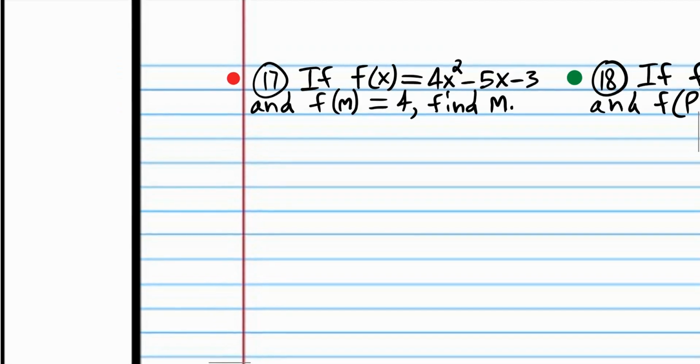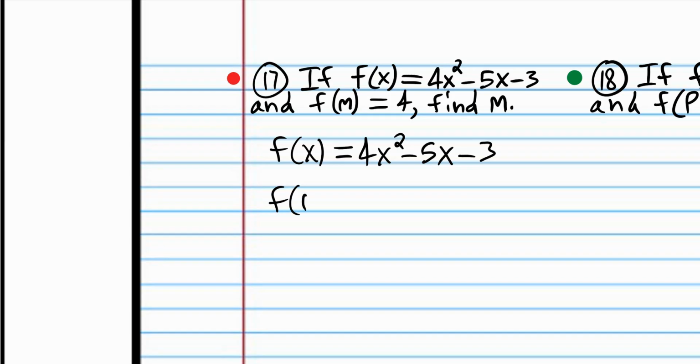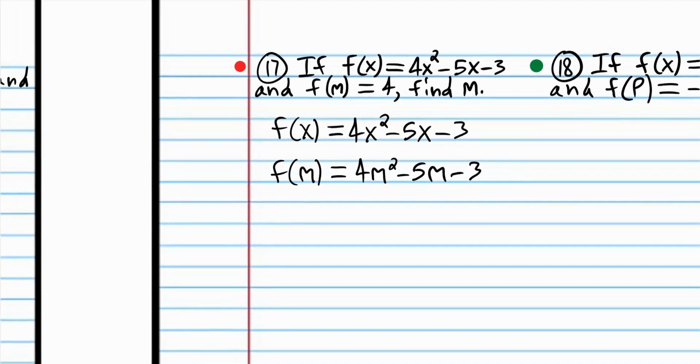So in this problem, we're told that f of x is equal to 4x squared minus 5x minus 3. If that's true, then f of m is equal to 4m squared minus 5m minus 3. And we know that f of m is 4.